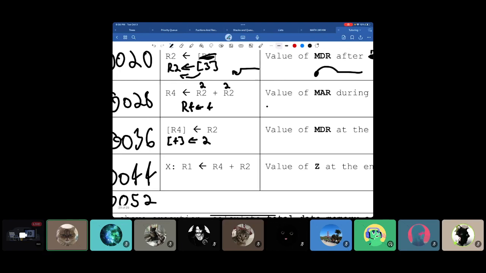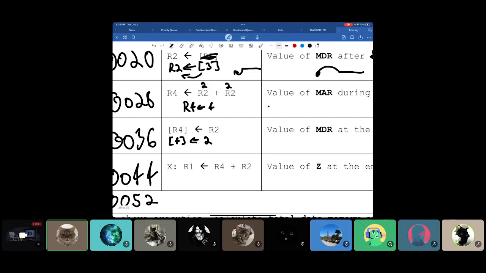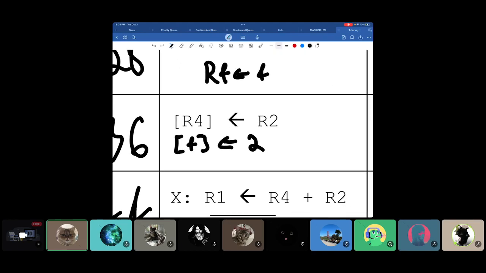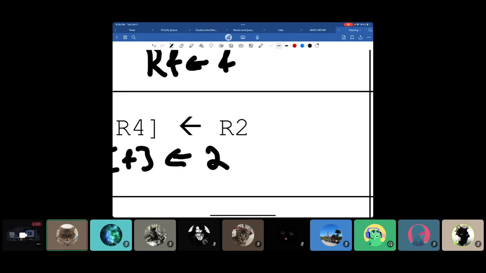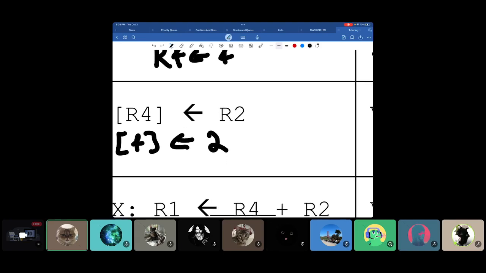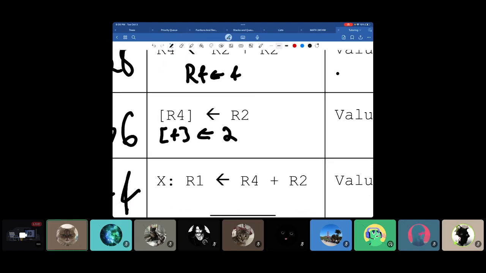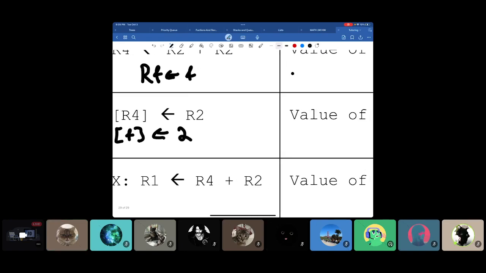So here we know with store types, when we're in the exec stage, in MAR we store the address that we're going to, control stores write, and MDR stores the source register, right? We take that all the way to memory, and then we store whatever is in MDR into the address that's in MAR, right?